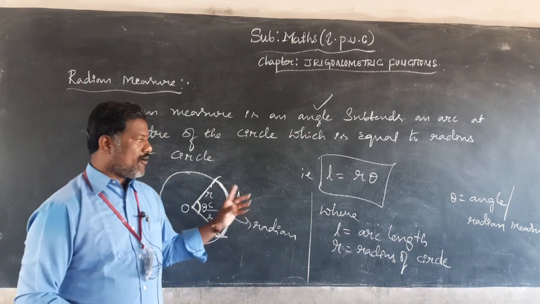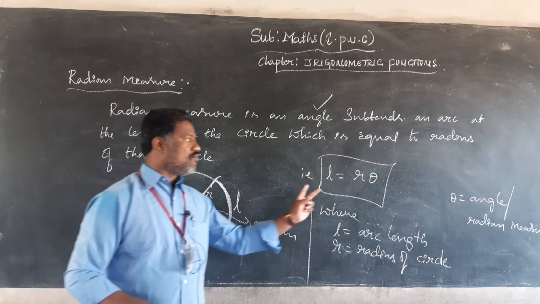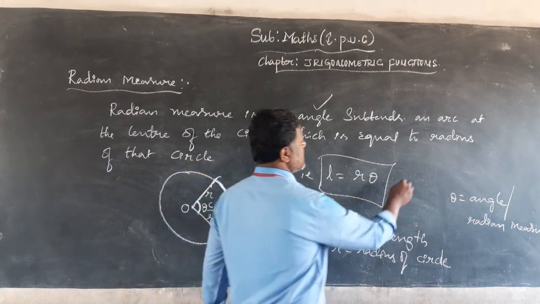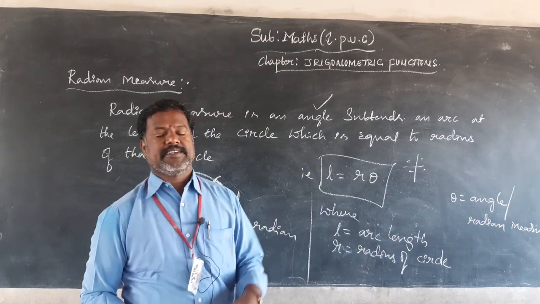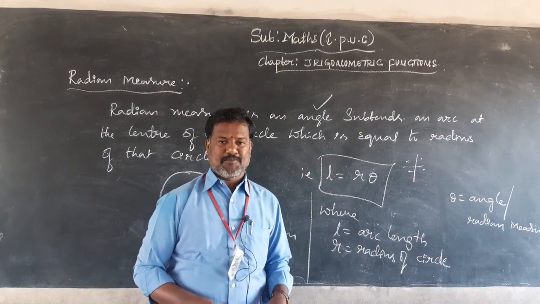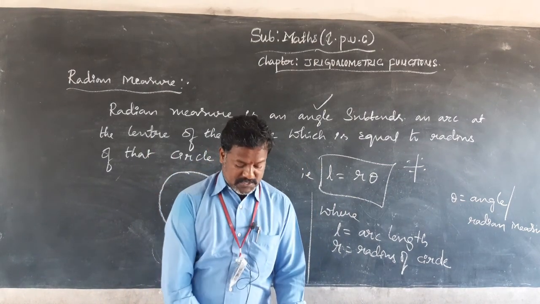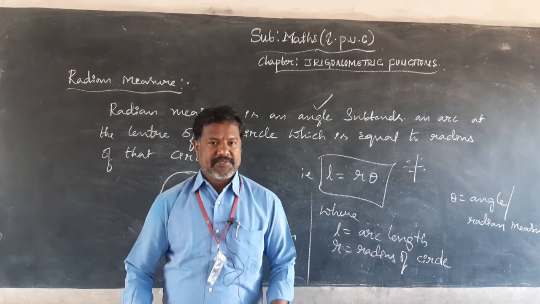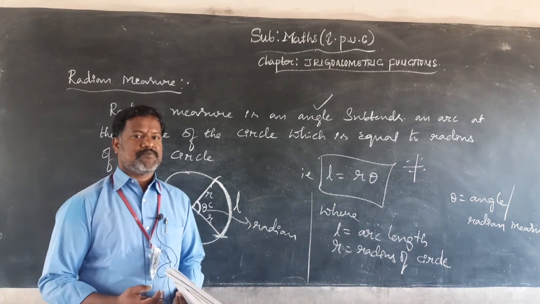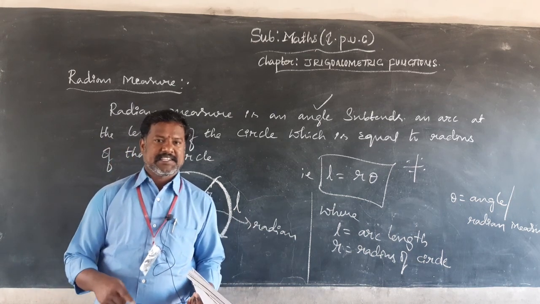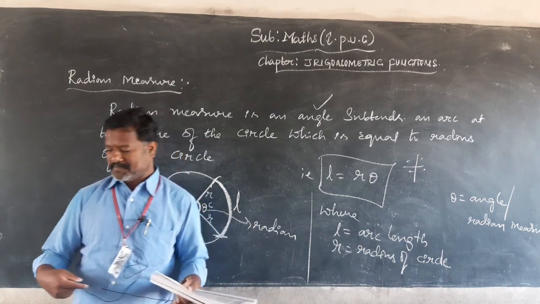Okay children, I hope the definition is clear. The formula is very important, so keep this formula in your mind always while we are doing the problems. Pause the video and take down the definition along with the formula and figure. Then let us do some problems based on radian measure, that is L is equal to r theta.